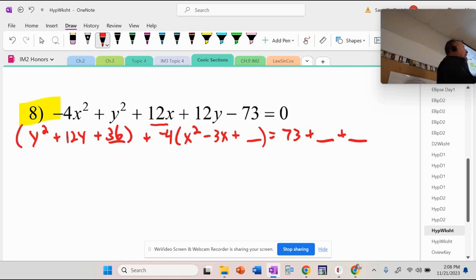Here, I'll start it. It's -3 halves. And now the next thing is, what's -3 halves squared? What's -3 squared, class? And then what's 2 squared? 4. All right, so you guys are fine.